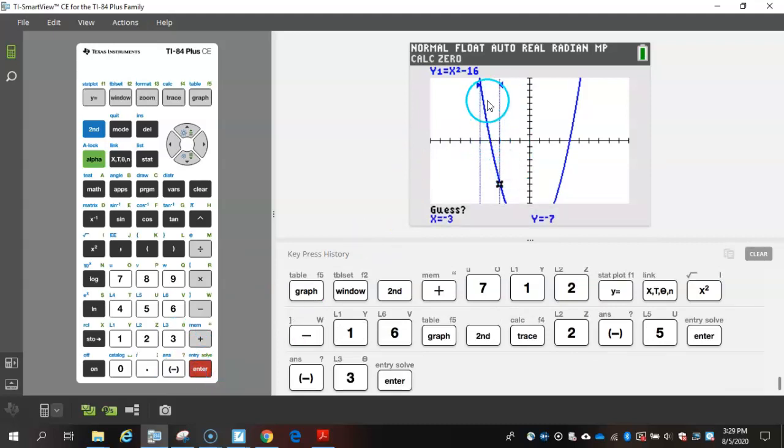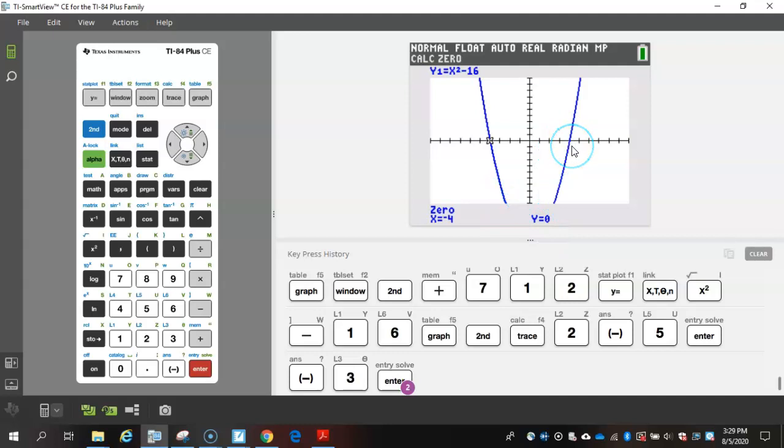Another line appears, so now I see that the zero I'm looking for is in between these two lines. And then it asks me to guess. So that's if you want to try to pinpoint what exactly the zero is. I just want the calculator to do the work, so I'm going to hit enter again. And it's going to tell me that I have a zero here at the ordered pair -4, 0. Now I'm going to do the same thing for this one.